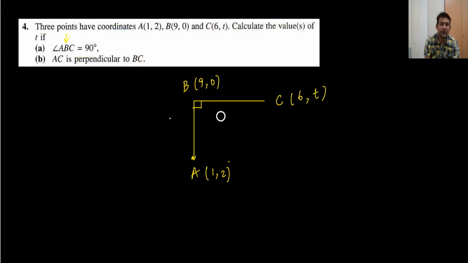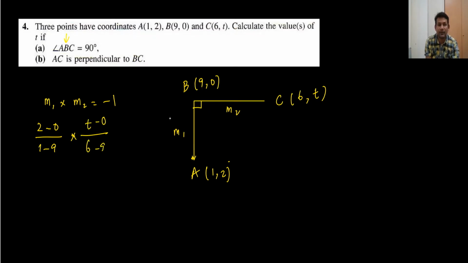It means the gradients M1 and M2. What do we write? M1 multiplied by M2 is equal to -1. M1 we can write 2 minus 0 divided by 1 minus 9, multiplied by M2, where we use t minus 0 divided by 6 minus 9, equal to -1.